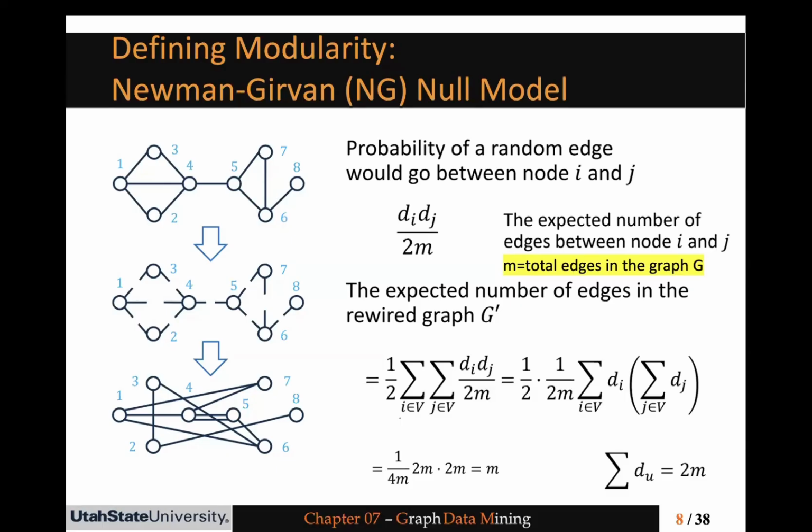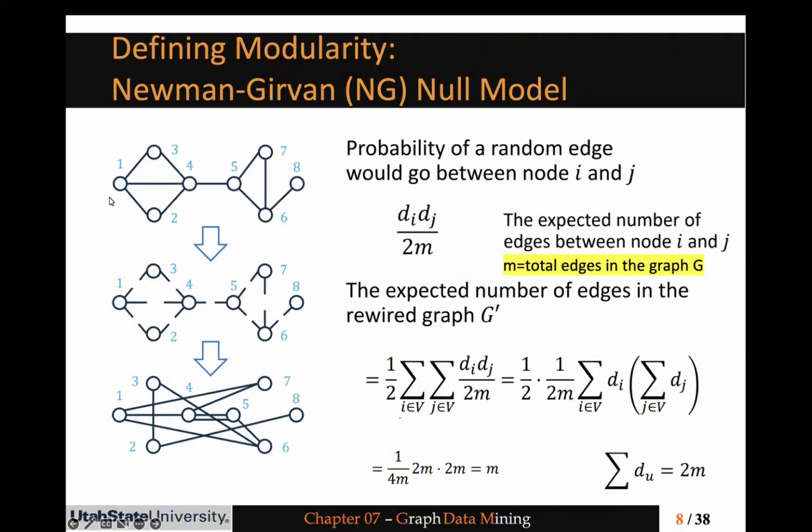Okay, so the Newman-derived null model is the one which we just discussed, and I think the next concept before talking about modularity is: what's the probability of a random edge existing between two nodes, node i and node j? So if I just took two nodes at random, let's say node 1 and node 4, I want to find the probability of these two nodes having an edge between them.